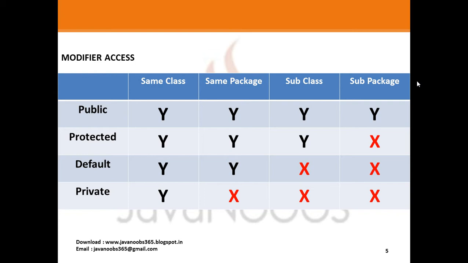Private can only be used inside the class. Wherever you mention it, that's about it. Apart from that class, you can never use it anywhere else. The X marks represent that you cannot use it. So private can be used in the same class, but not in the same package, subclass, nor sub package.